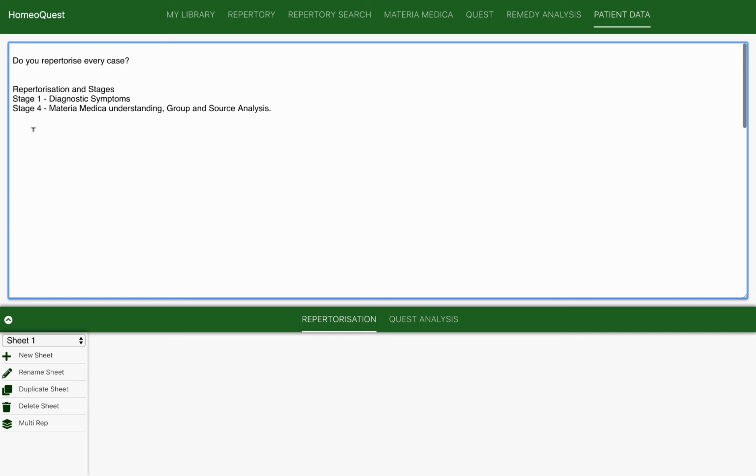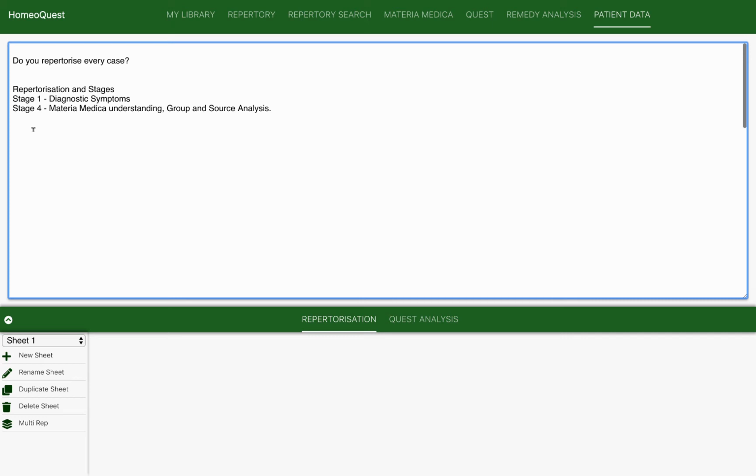And also stage 4, you are understanding the person at a very deep level, at the mind and the body and the sensations and beyond that. So you are basically using your materia medica knowledge.